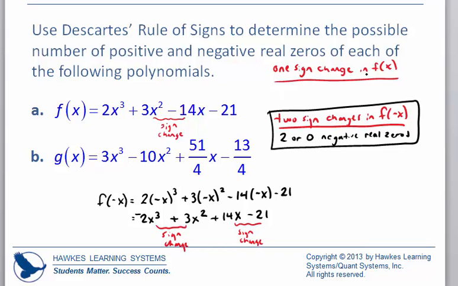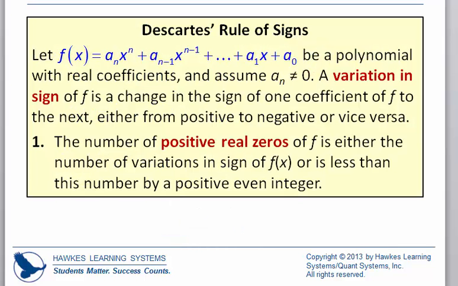Now let's look at this one sign change that we had in f of x. The number of positive real zeros is either the number of variations in the sign of f of x, so this was 1 for us, or is less than this number by a positive even integer. So we would subtract 2 in order to have it reduced by an even integer. But 1 minus 2 doesn't make any sense because we can't have negative 1 positive real zero.